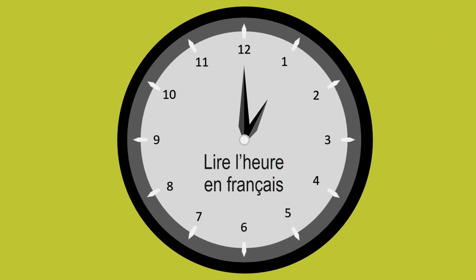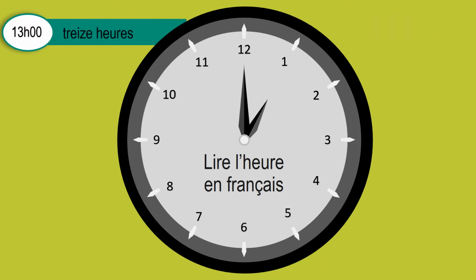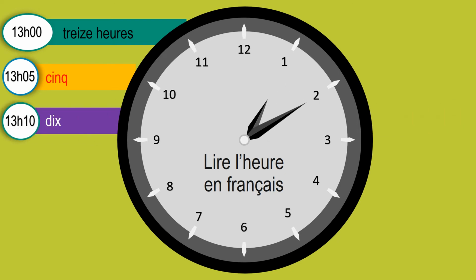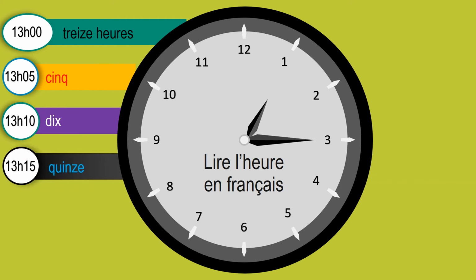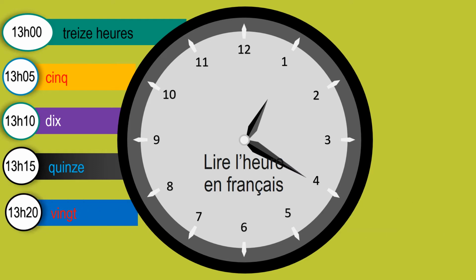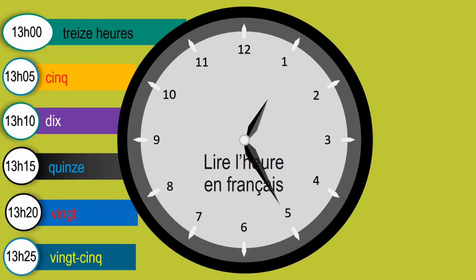So let's practice a little bit more, and this time you're going to see how the time is written in French. Il est 13 heures. Il est 13h05. As you can see, there's an H between the 13 and the 05. Il est 13h10. Il est 13h15. Il est 13h20. Il est 13h25.